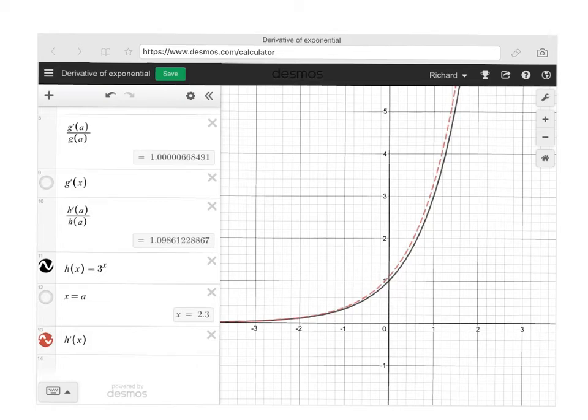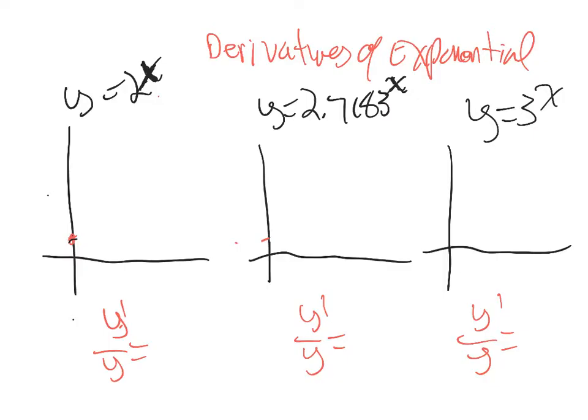So now let's go back finally. As the last thing, we're going to go to here and see what we've got. So for 2 to the x, the original graph looked like this. Okay, that's 2 to the x. And then the derivative looked like this. It was the dotted one.